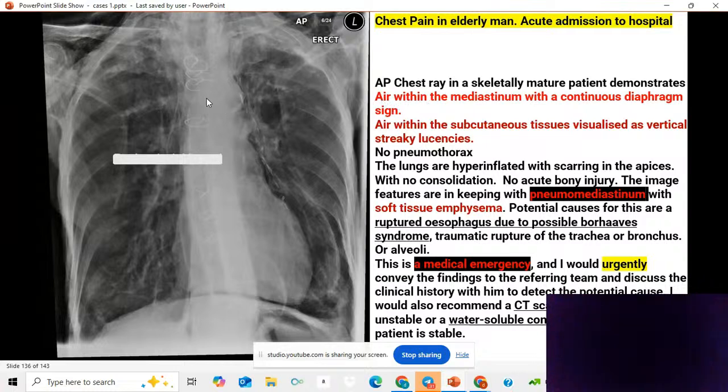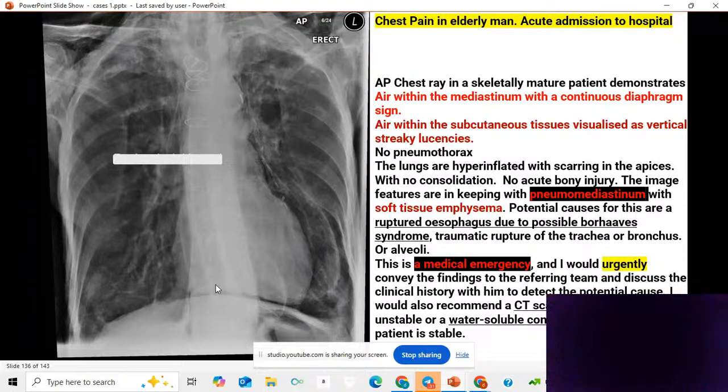There is air within the mediastinum with a continuous diaphragm sign.